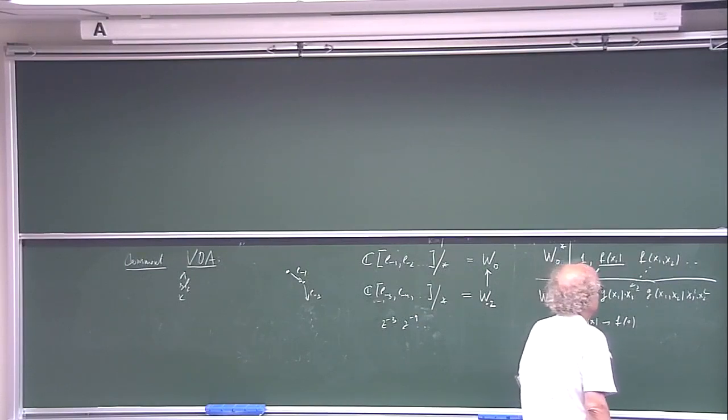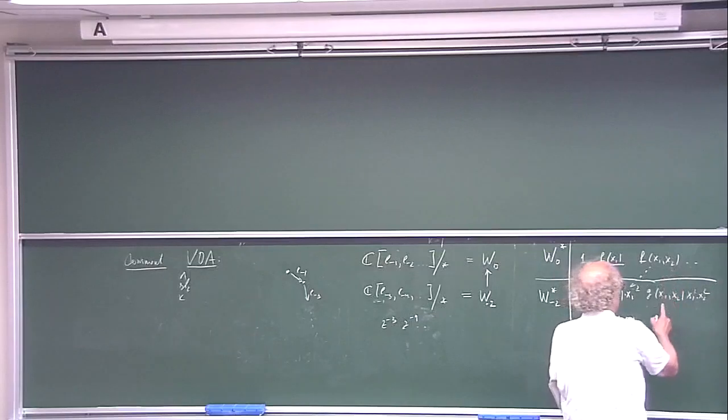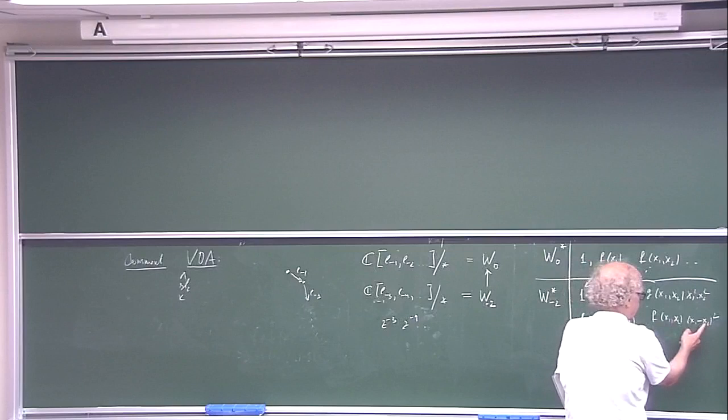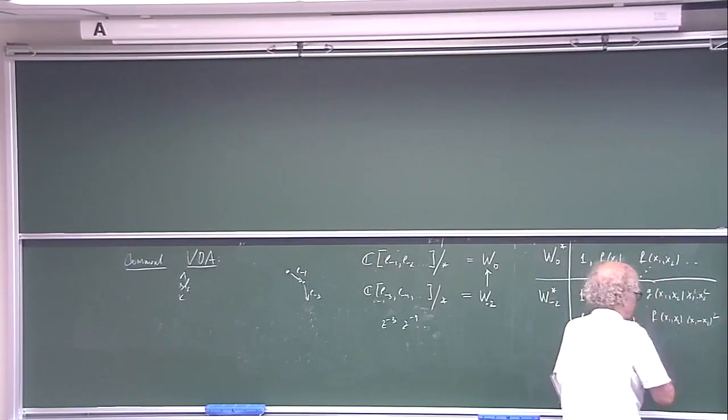This object is a function in 2 variables, x1, x2 times x1 minus x2 square, and I also have to substitute x2 equals 0. Then I get x1 square here, and it is going to this.